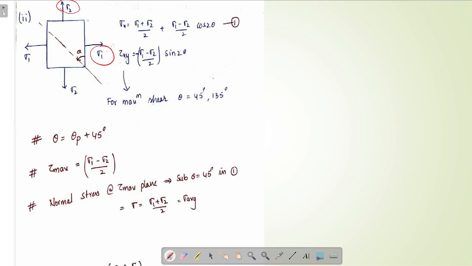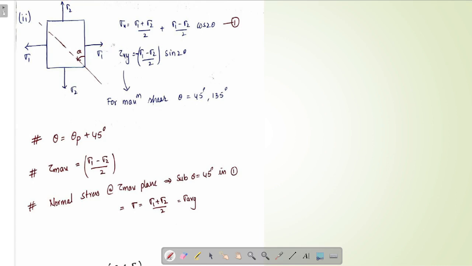That means these two planes are principal planes only. So, by substituting tau xy, shear, equals 0 in the before formula, we will get normal stress on this plane as this one and shear stress on this plane as this one.